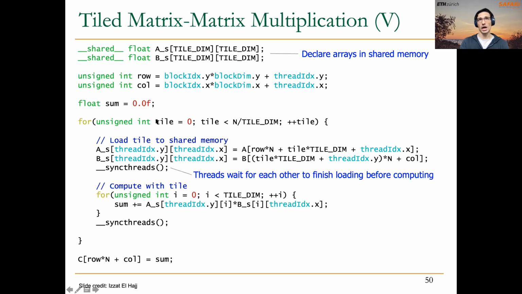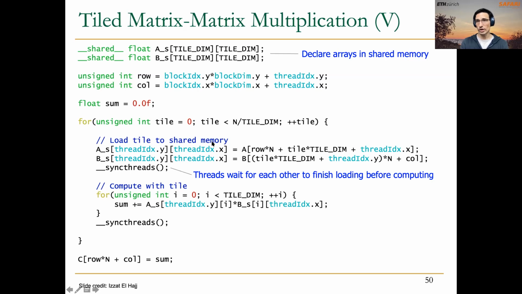Then we have this outer loop to go tile by tile over the two matrices A and B. Inside the body of this outer loop, the first thing to do is to load the tiles into shared memory. Observe how here we access corresponding elements in matrix A and matrix B in global memory, and store them in the corresponding position in the shared memory.